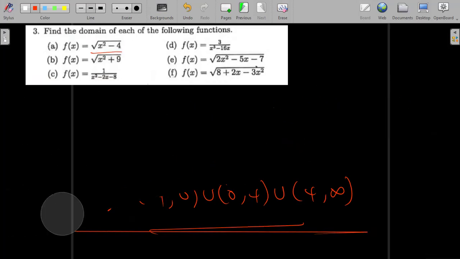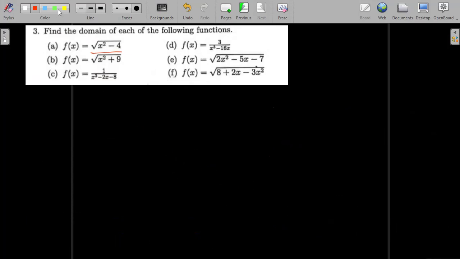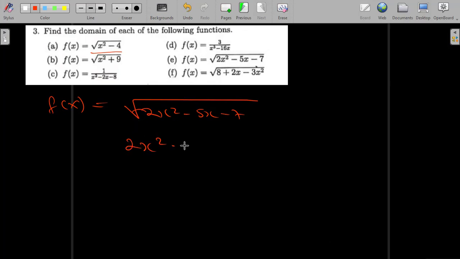So question E is just saying f of x is equal to the root of 2x squared minus 5x minus 7. So it's a radical one, and you demand that what's inside, 2x squared minus 5x minus 7, has to be greater than or equal to 0. And you can factor this out.